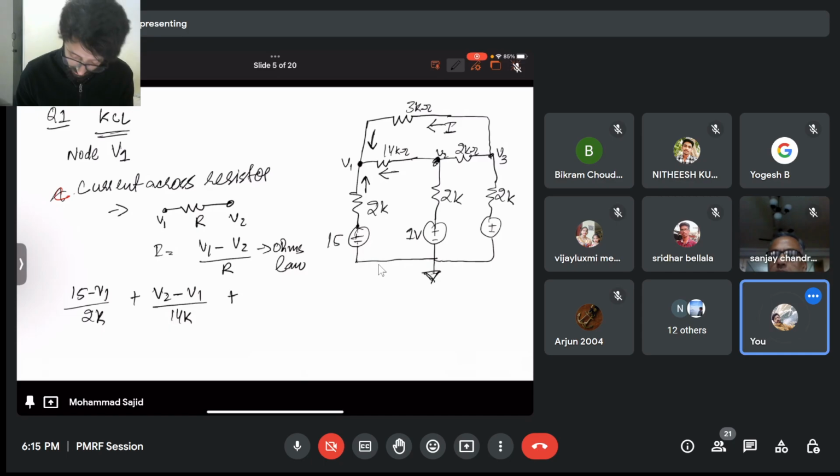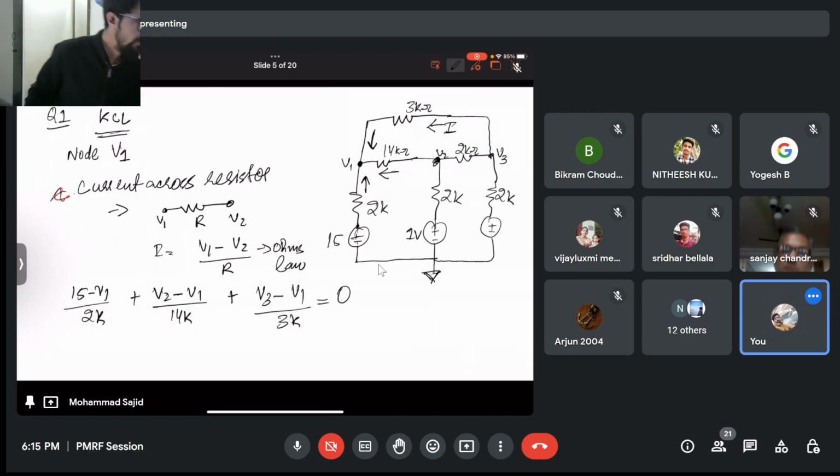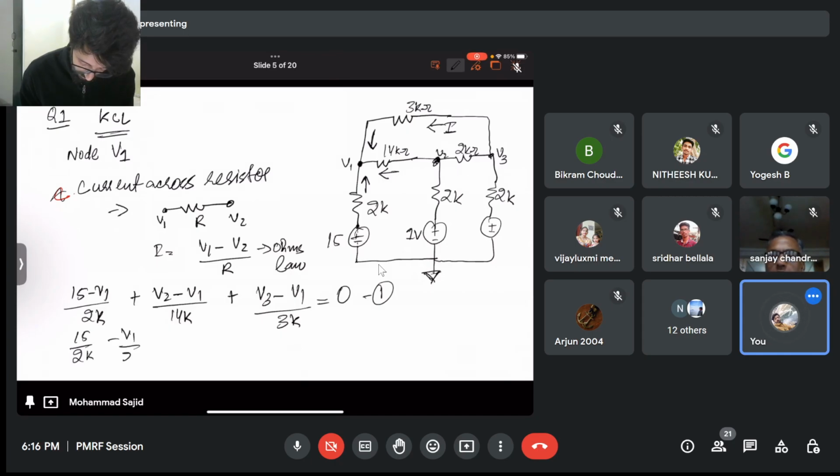Another branch is V3 minus V1 divided by 3 kilo ohm, and it will sum up to 0, right? So this is the first equation. You will get 15 by 2k minus V1 by 2k, similarly V2 by 14k minus V1 by 14k plus V3 by 3k.